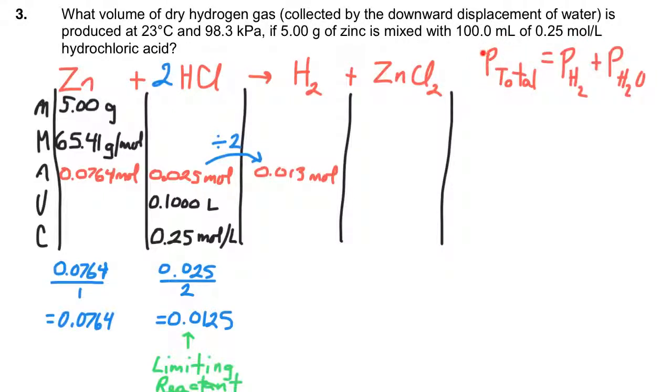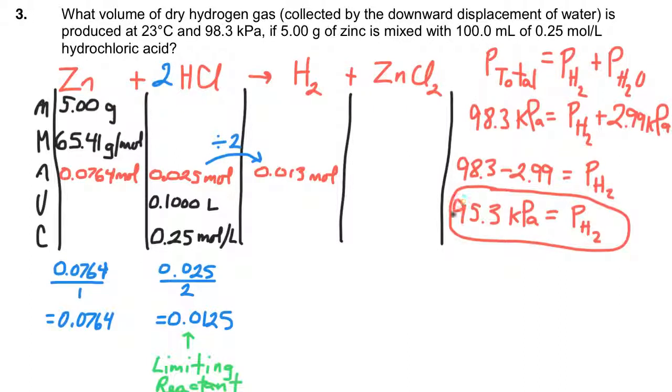So the total pressure measured is equal to the partial pressure due to the hydrogen plus the partial pressure due to the water vapor that it's being collected over. So remember, we have to look up partial pressure due to water at the specific temperature, and then we can use our total pressure of 98.3 kilopascals and subtract the partial pressure of water, and we'll end up with the pressure of our dry gas, the dry hydrogen gas.